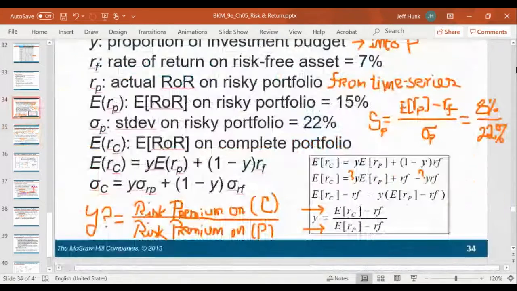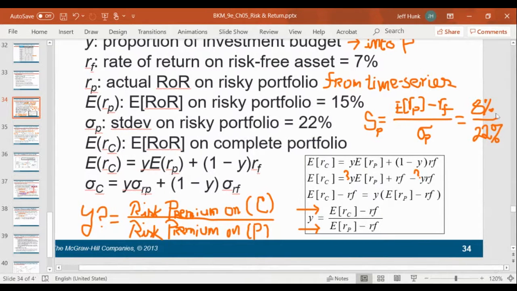In other words, it's simply the Sharpe ratio on the risky portfolio times the weight, a result of weight times this and weight times this, right?